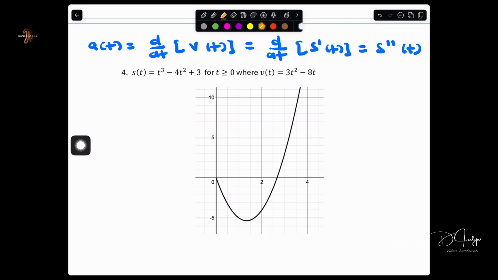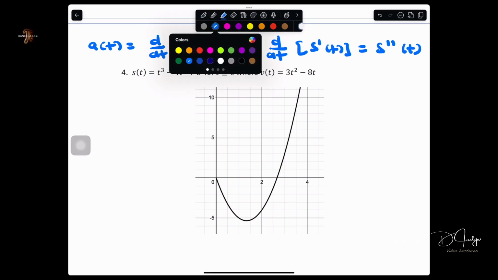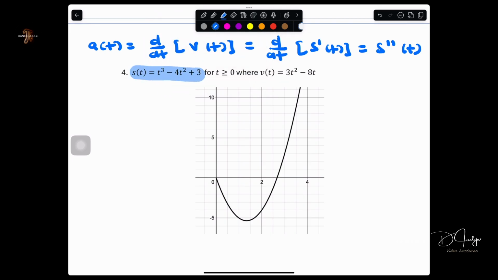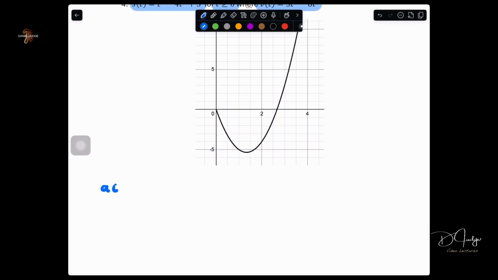So notice this. We do have, again, the position function. And based on a past worksheet, yes, time is greater than or equal to 0. We computed the velocity function now. So let's get the acceleration here. So your acceleration is the derivative of that velocity function, which will be d dt.